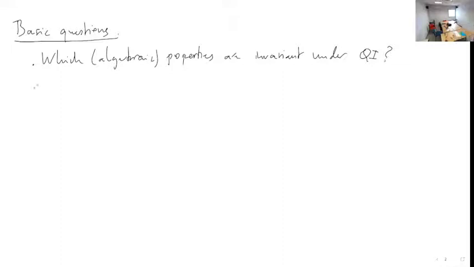And what can be said of two quasi-isometric groups? What do I mean by two groups are quasi-isometric? It means two finitely generated groups.